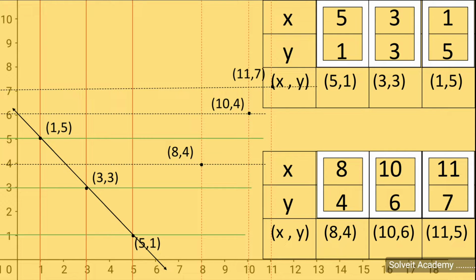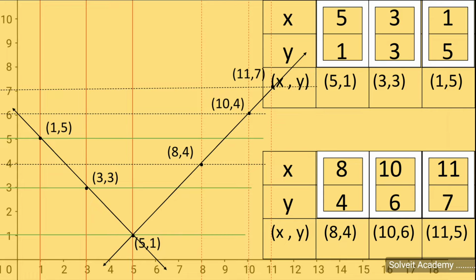As we drew previously in case of the first table, similarly we can draw a line which passes through these 3 points. This line is a geometrical representation of x minus y equal to 4.